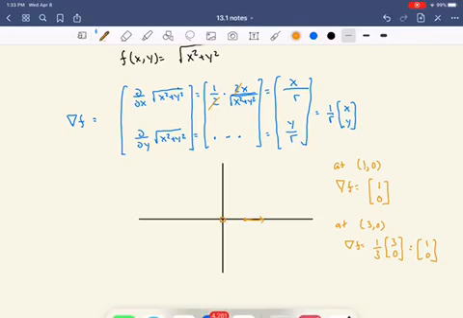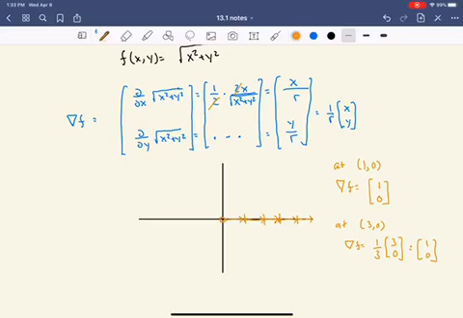So we go, say that's 1, that's 2, that's 3, and we're going to point a vector that goes 1 to the right, like so. So we can see that along this line, that's what the vector field looks like. Any vector along this axis is going to look that way.